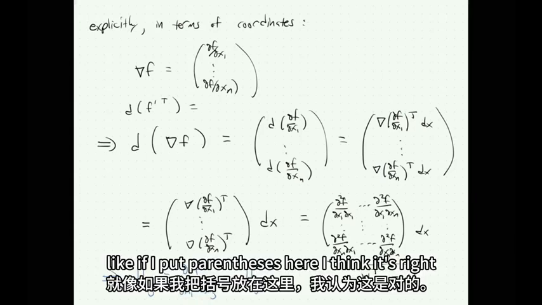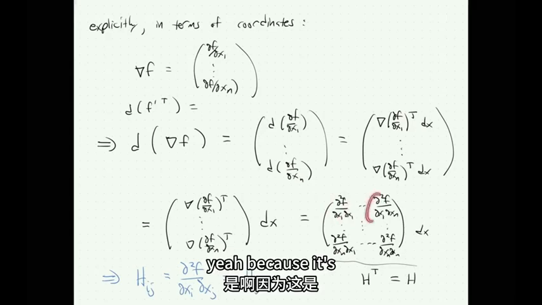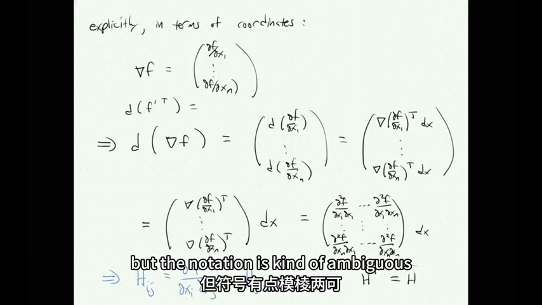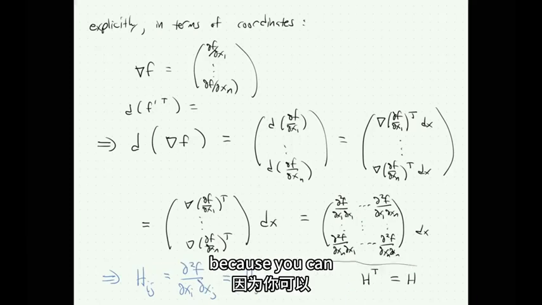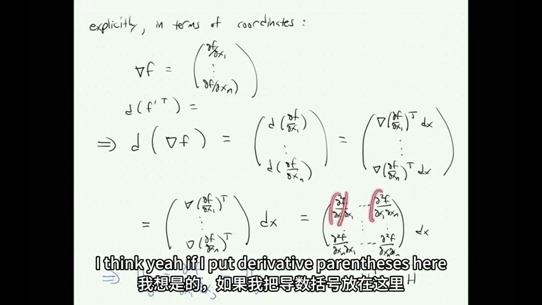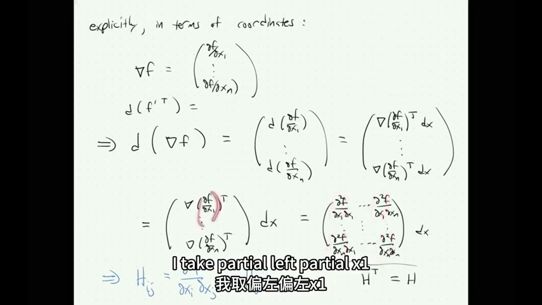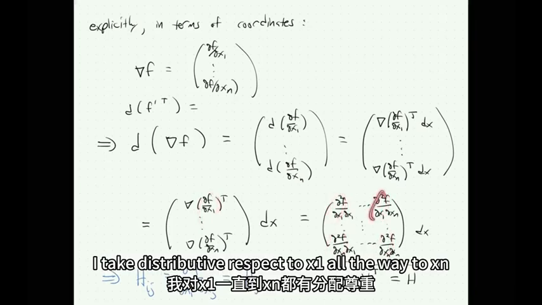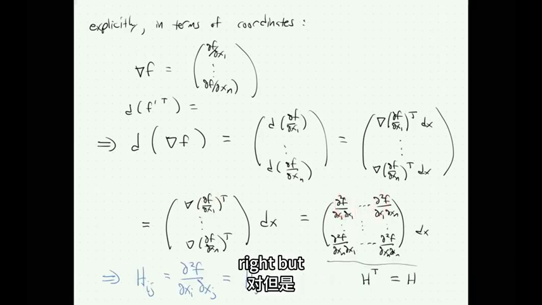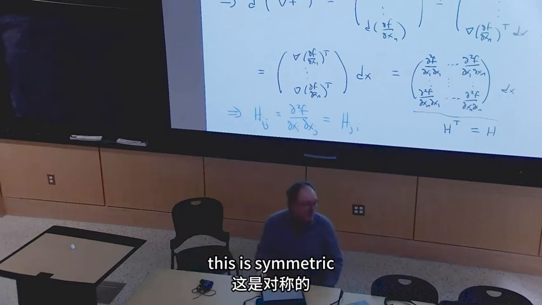If I put parentheses here, I think it's right. The notation is kind of ambiguous because it doesn't need to be explicit, since you can swap the order. If I put derivative parentheses here, that's the explicit thing: I take partial f, partial x1, and take its derivative with respect to x1 all the way to xn. If you put parentheses there, then it's the opposite. But at the end of the day it's not going to matter because this is symmetric.